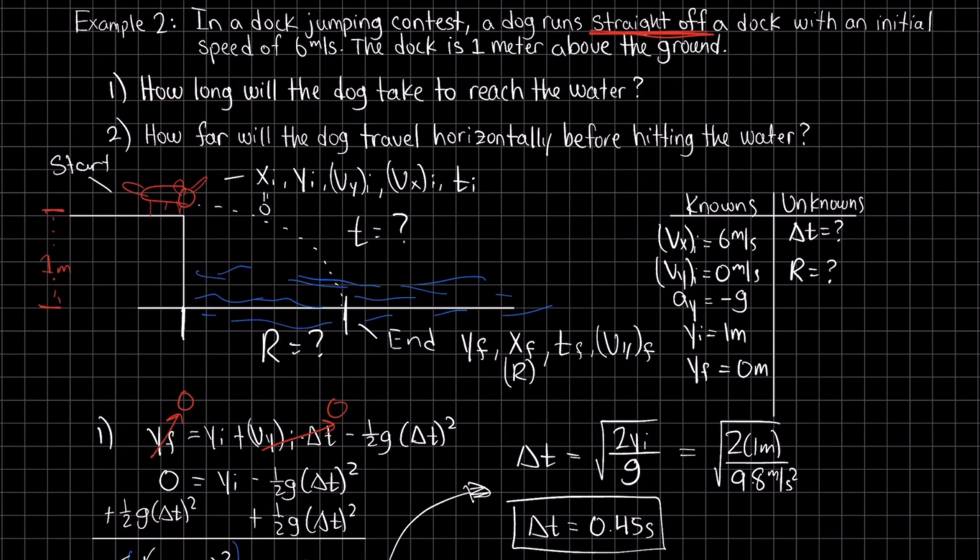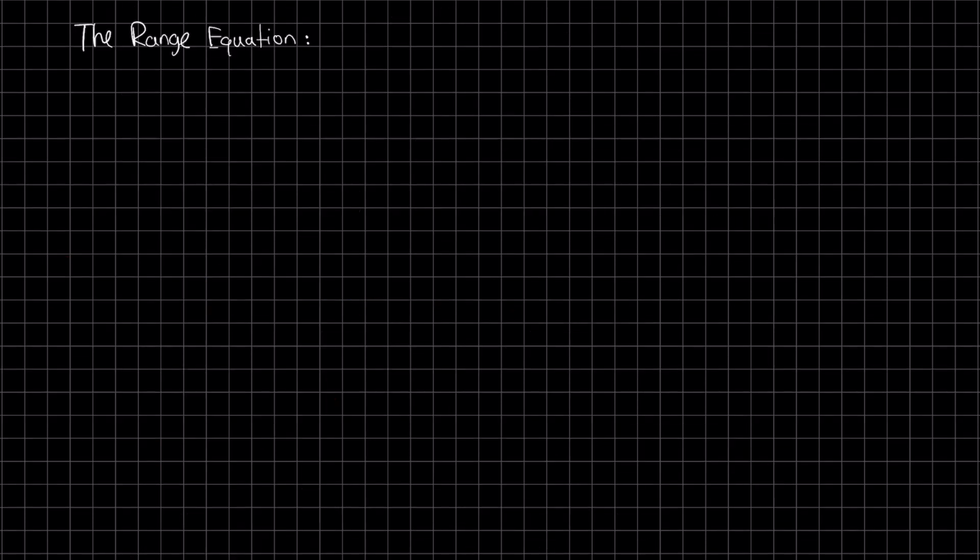Now let's explore what is called the range equation. The range equation is a shortcut equation if you know the angle at which a projectile is launched and if you know the initial speed of the projectile. This is the range equation. The range is equal to the initial velocity squared times the sine of 2 times the angle divided by g.